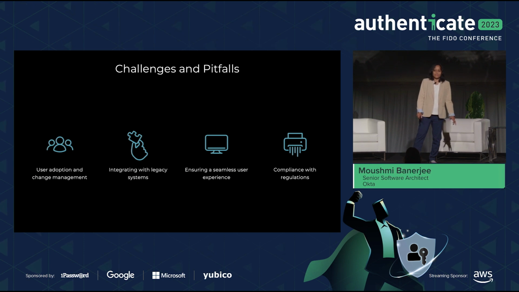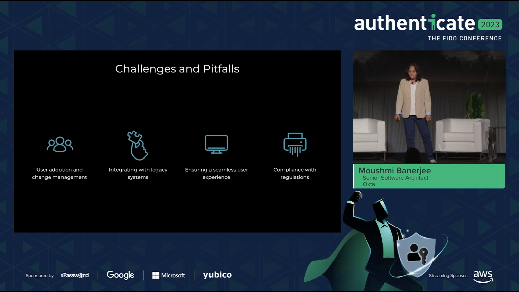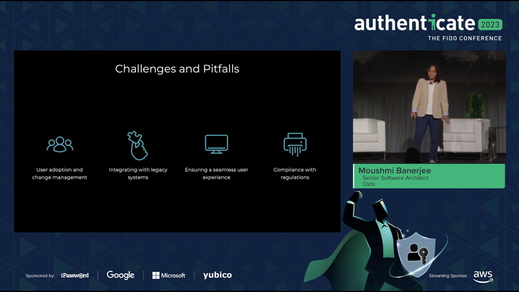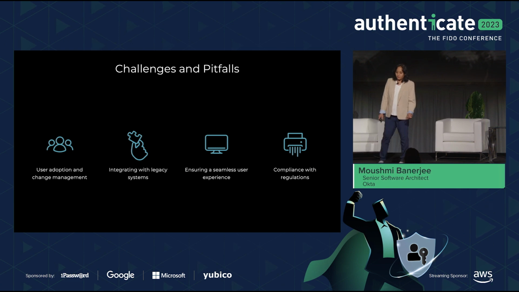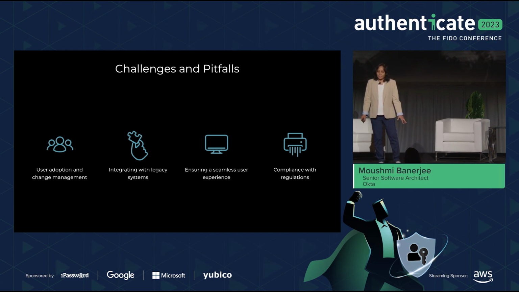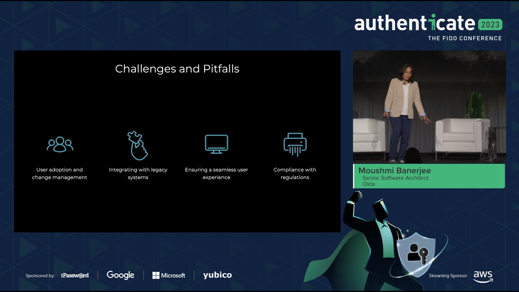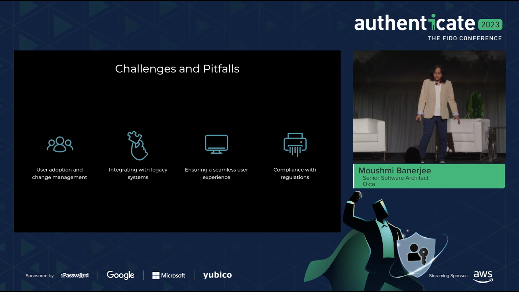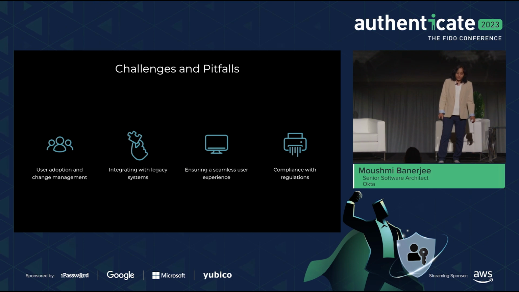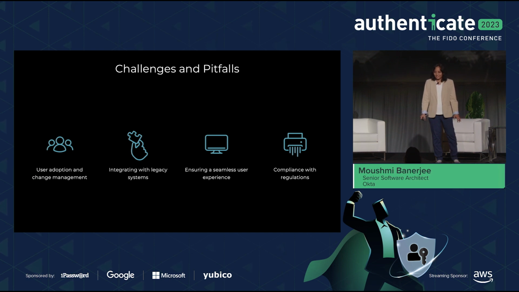You might even have to comply with standard guidelines like GDPR. Organizations also have obligations towards their customers and partners that they need to meet. So even though there are benefits with a high-assurance authenticator like FIDO WebAuthn passkeys, it comes with challenges and pitfalls.